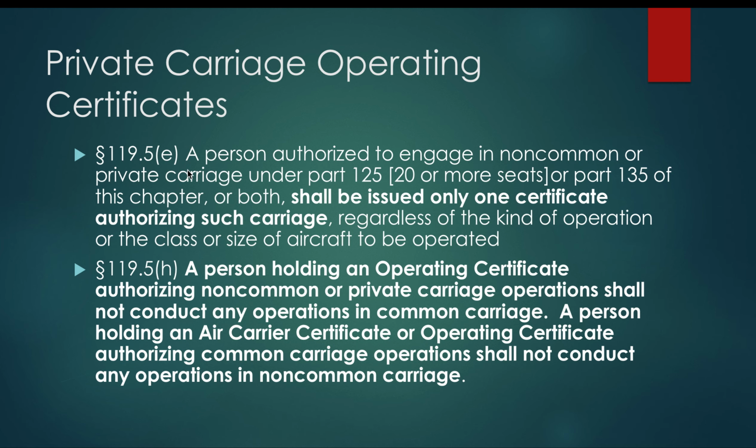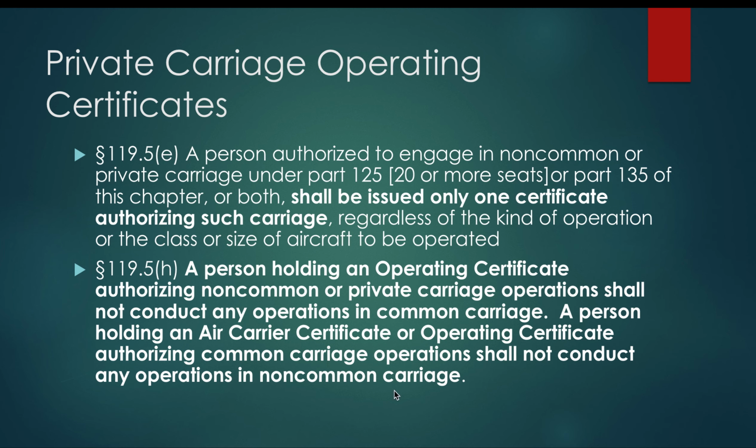You go a few paragraphs down in the same section, and they say, and this is cut and paste straight out of the regulations, if you hold an operating certificate authorizing private carriage, you shall not conduct common carriage. A person holding an air carrier certificate or operating certificate authorizing common carriage shall not conduct private carriage.